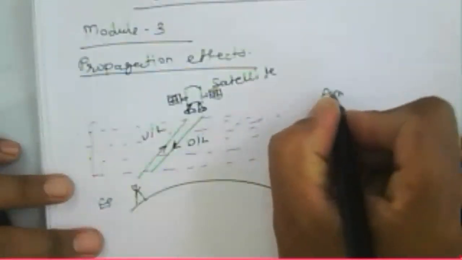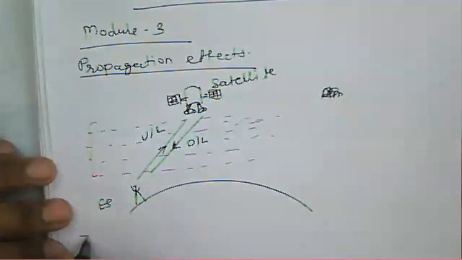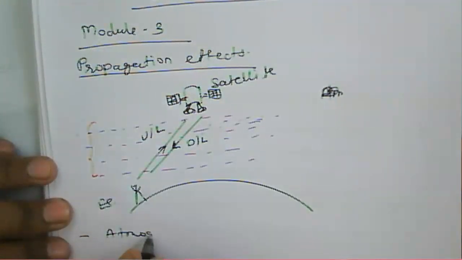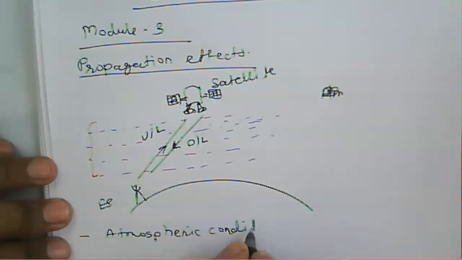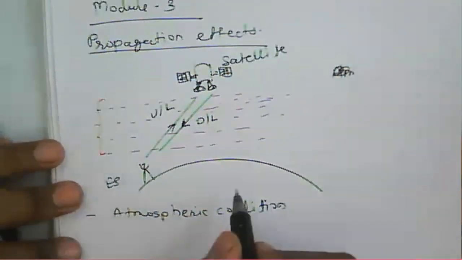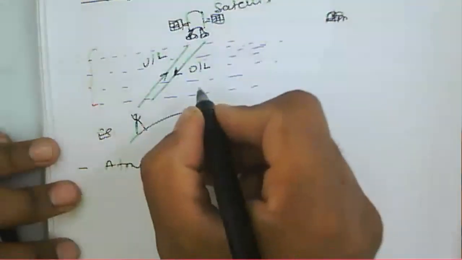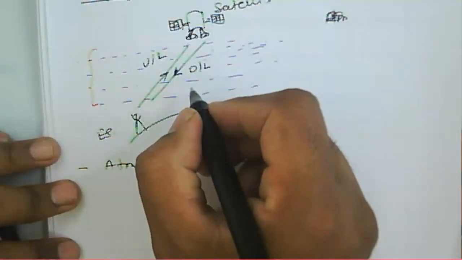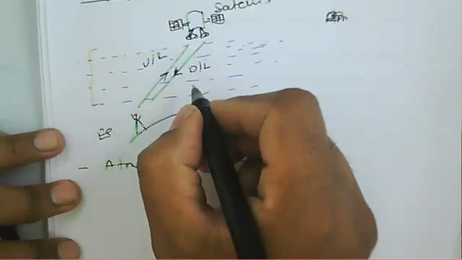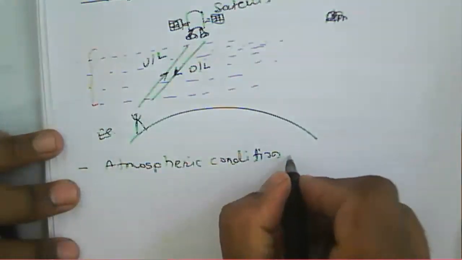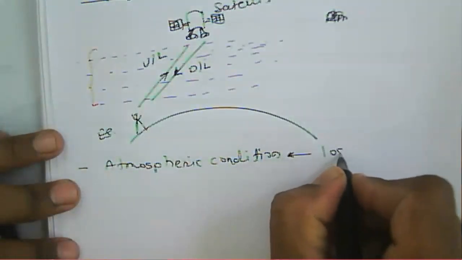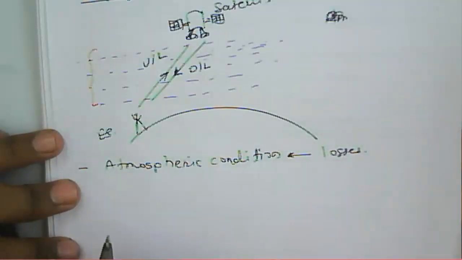We learn the various atmospheric conditions, and due to these conditions, what happens to the signal transmission, that is, what various losses occur in the transmitted signal.